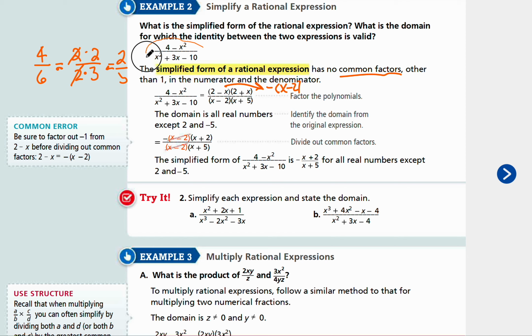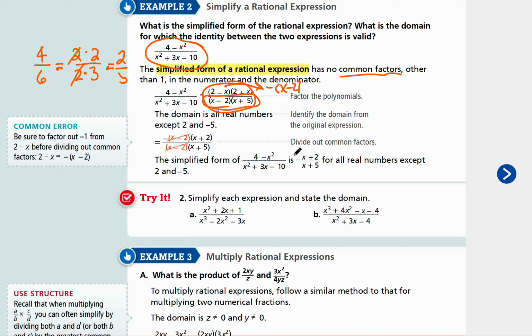The original form is this. Before you simplified, you had all these factors, so your domain is going to stay the same as with the factors you originally had. Your domain is all real numbers except negative 5 and positive 2, which are the zeros of the denominator. The simplified form would be negative x plus 2 over x plus 5, and they're equivalent except that it works for all real numbers except 2 and negative 5.